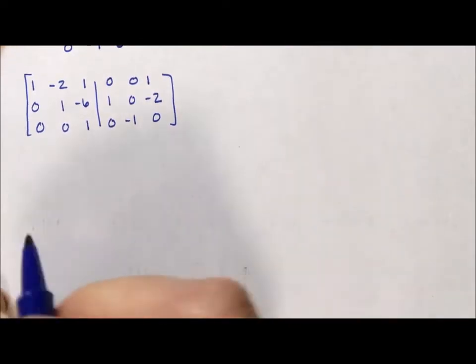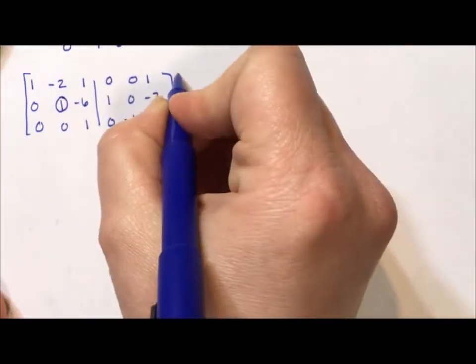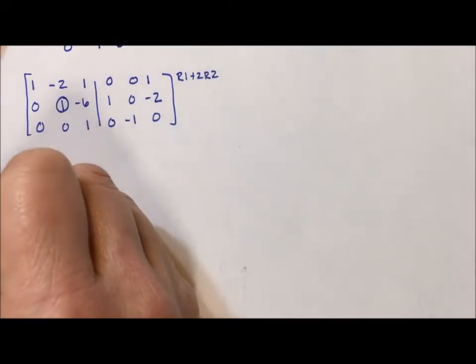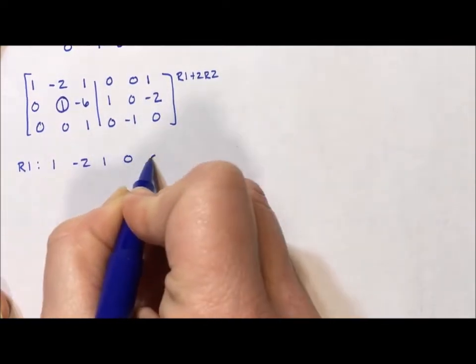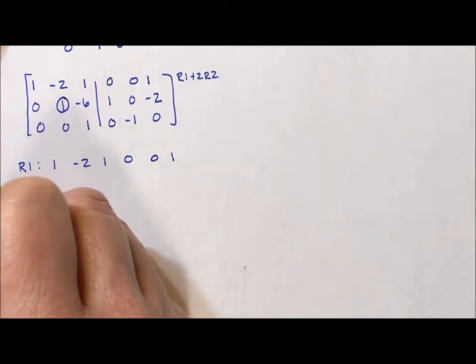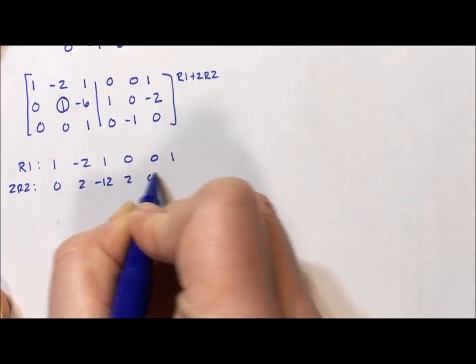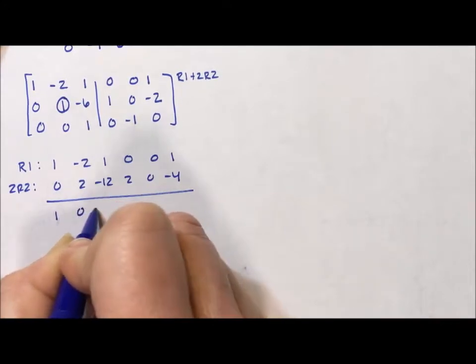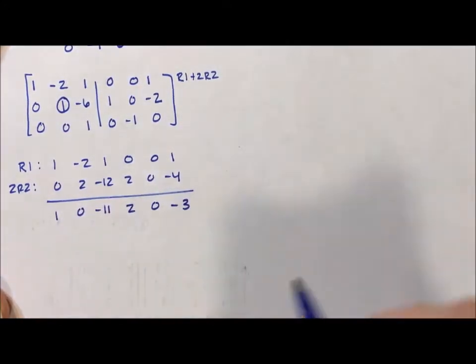Okay, so next I'm going to pivot on this 1, and all I have to do is clear out that. So row 1 plus 2 times row 2. Row 1: 1, -2, 1, 0, 0, 1. 2 times row 2: 0, 2, -12, 2, 0, -4. That gives 1, 0, -11, 2, 0, -3.